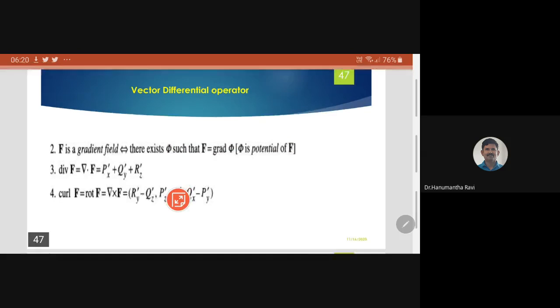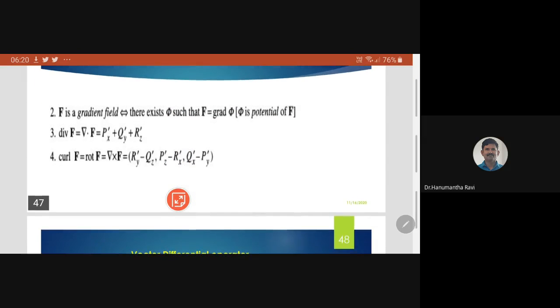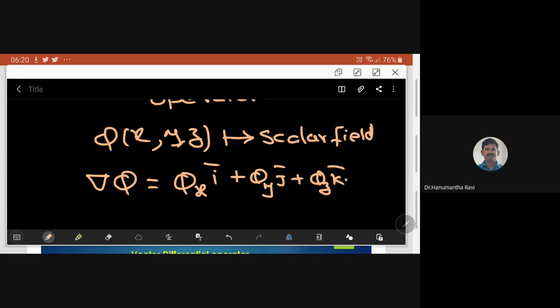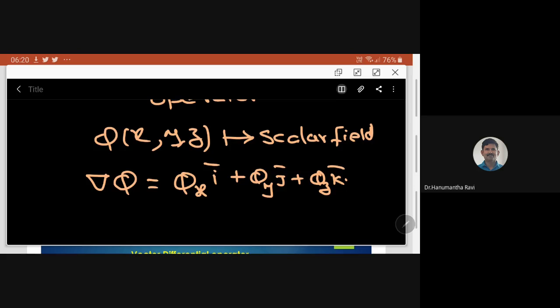Now, when we shift to the other one, like divergence, when you are talking about either divergence or curl, we are dealing with the vector differential operator along with a vector field.